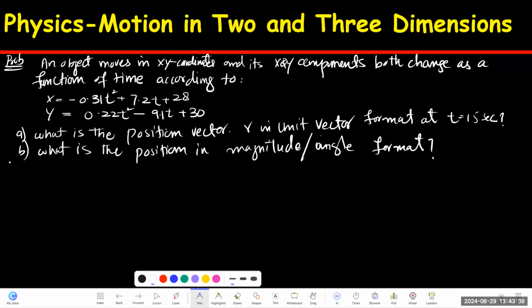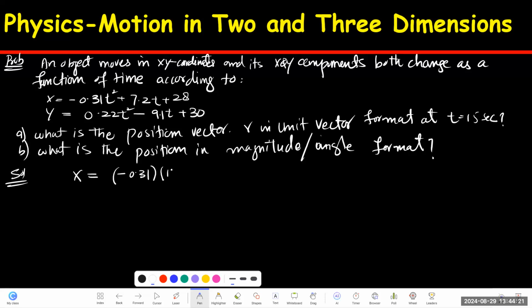So what we're going to do is write those equations and substitute the value. We're going to find x. The solution is we take x and substitute the values, 0.31 t squared minus 0.31, and then t squared.